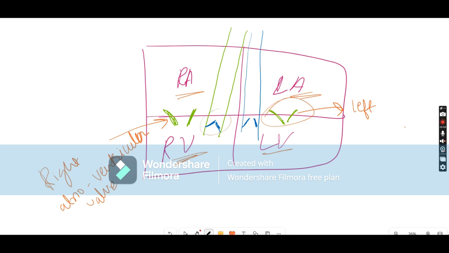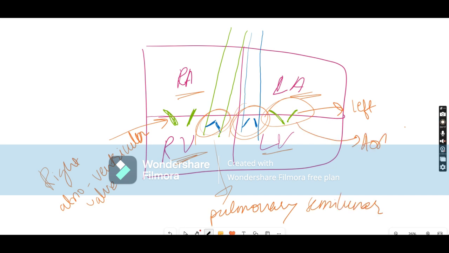Now the valves in the pulmonary artery and the aorta are known as semilunar valves. This is known as the pulmonary semilunar valve, and these are known as the aortic semilunar valves.